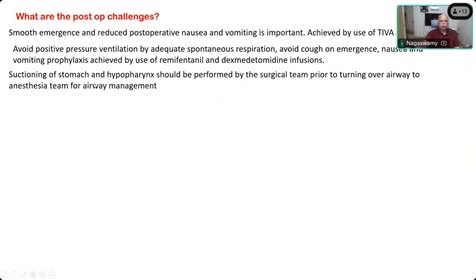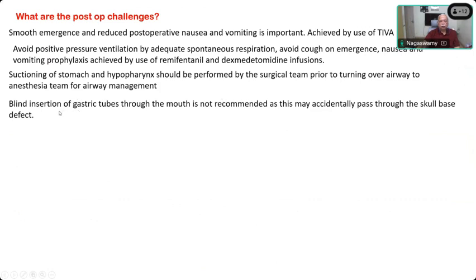Suctioning of the stomach and hypopharynx should be performed by the surgical team prior to turning over to the anesthesia team for airway management. And don't blindly insert gastric tubes through the mouth, because it may go accidentally through the skull base. And what are the complications of this surgery? First is bleeding.